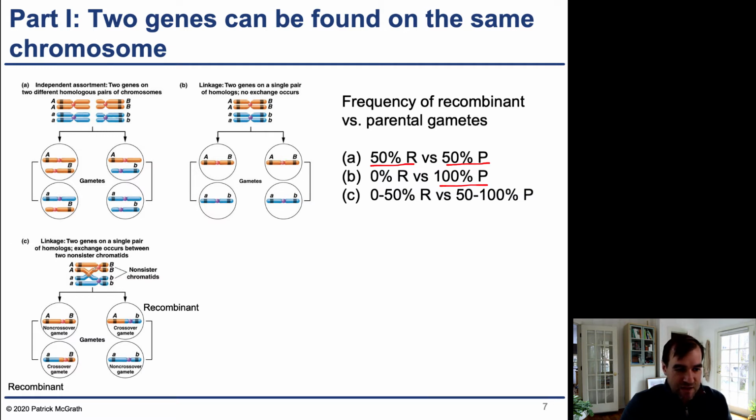And then, when 2 genes are on the same pair of chromosomes, exchange can occur. However, this is not at an equal 25%, 25%, 25%, 25% probability. As a result, the parental combinations are the most likely to be found in the gametes, somewhere between 50 and 100%. And then the recombinant gametes are somewhere between 0 and 50%.